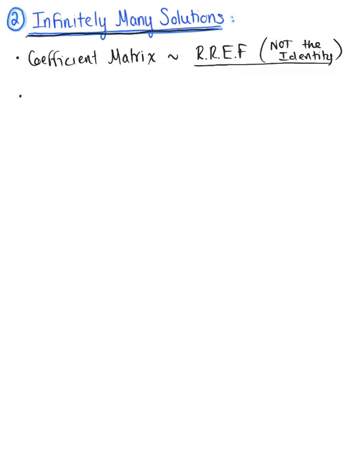And in addition to this, the entries of your solution vector x can be one of 2 things. So we say that the entries of the solution vector x may be either a basic variable, like we just saw with case 1. So remember, the basic variables are associated with the pivot positions.